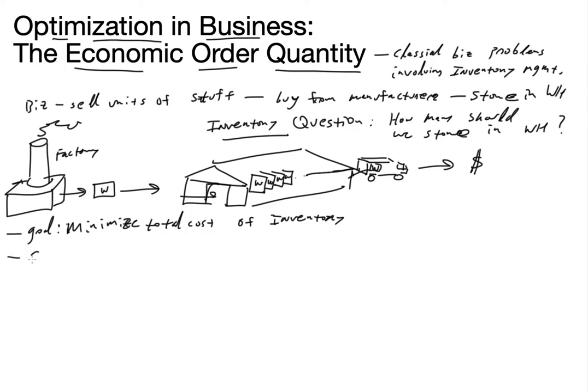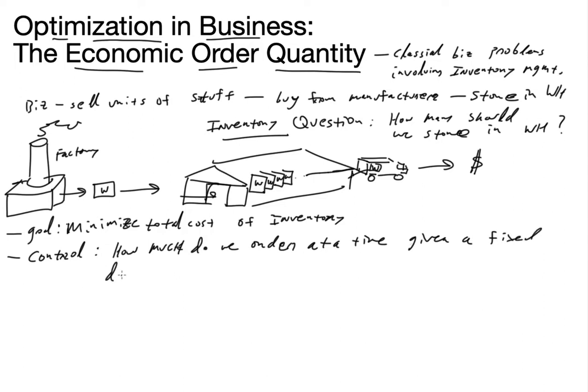Okay, and what we have control over is basically how much do we order at a time, given a fixed demand.